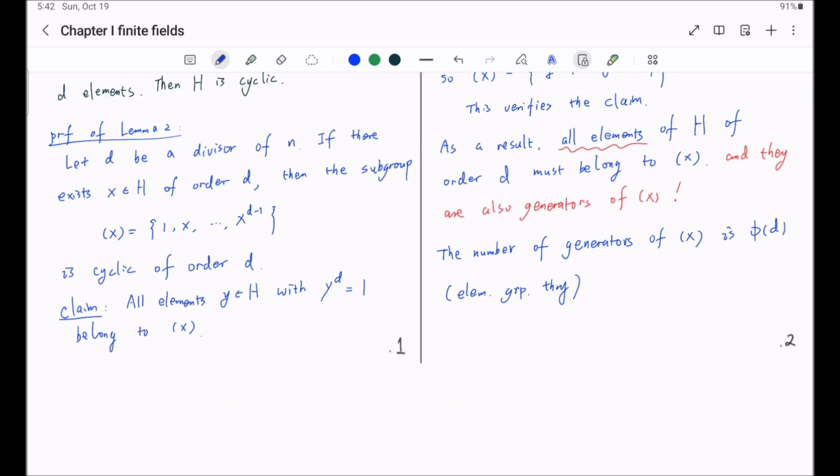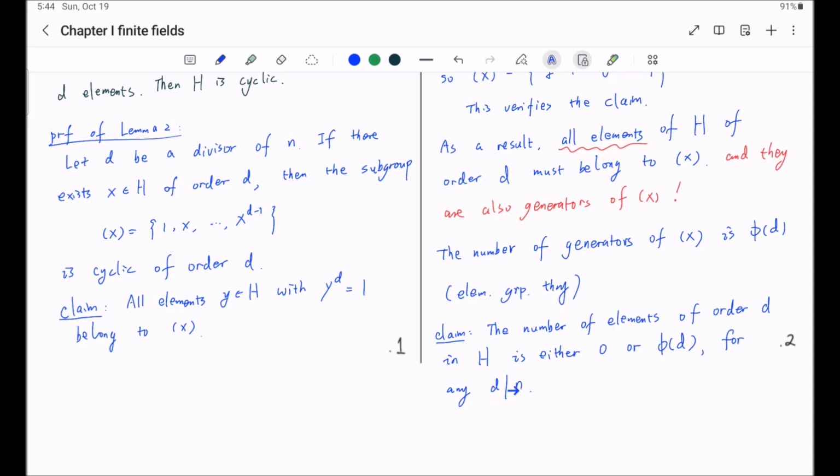Now we make a second claim. We claim that the number of elements of order d in the group H is either 0 or phi of d, for any d a divisor of n. This immediately follows from our discussion above.